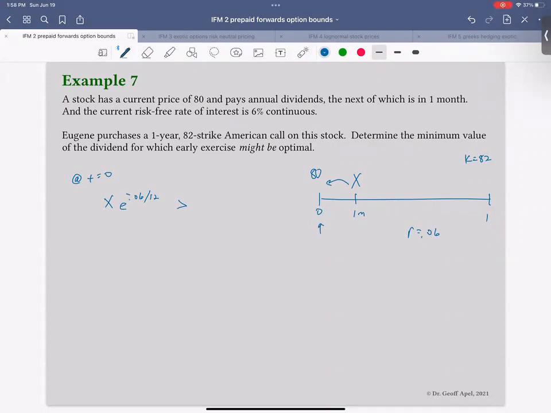In other words, I'd have to pay the strike of 82 now versus getting to pay it later, so minus 82e to the negative 0.06 times 1. Let's see what this tells us about X. X has to be greater than something.